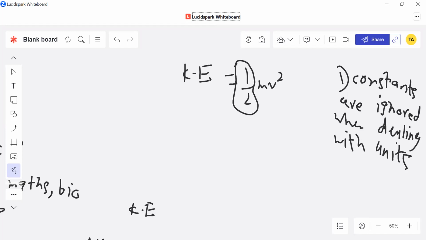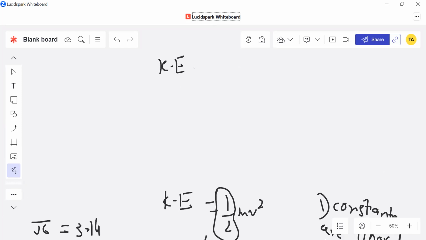This right here, a half is considered a constant. What else can be a constant? Pi, because pi has a fixed value. It's a constant of 3.14. So all of this, half or pi or any number, basically, when you have a units question, you'll ignore the constants. So kinetic energy is half into mass into velocity squared. So I will ignore this constant because I want to find the base unit of kinetic energy. So kinetic energy for now is mv square. This is not the formula, but I'm dealing with units, so I'll ignore the constant.